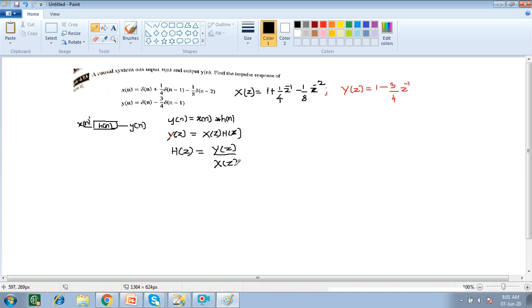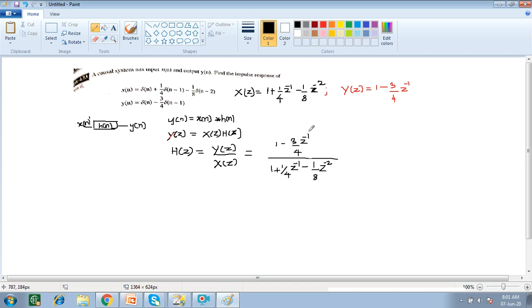So let's substitute these values. Y of z is nothing but 1 minus 3 divided by 4 into z raised to minus 1, divided by x of z, which we can write as 1 plus 1 divided by 4 z raised to minus 1 minus 1 by 8 z raised to minus 2.